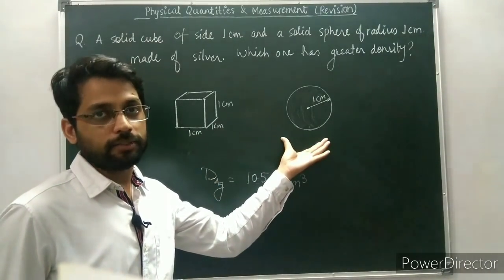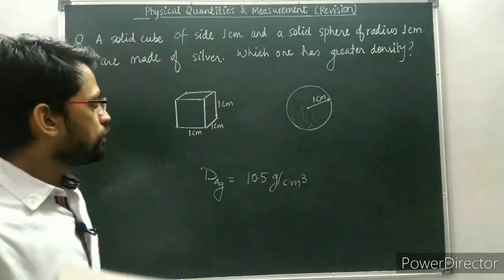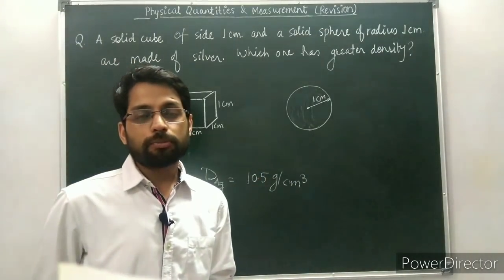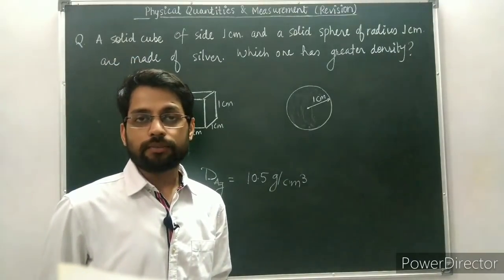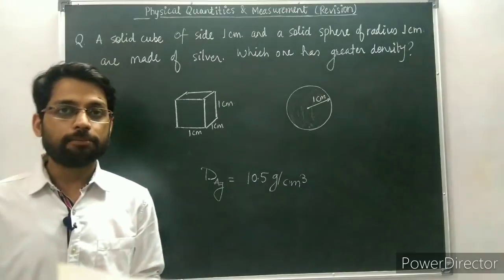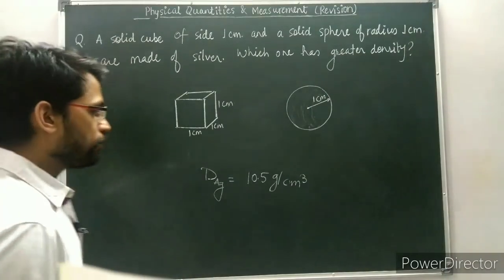That is silver. So we can conclude from this question that different sized objects of the same material have the same density. Note it down.